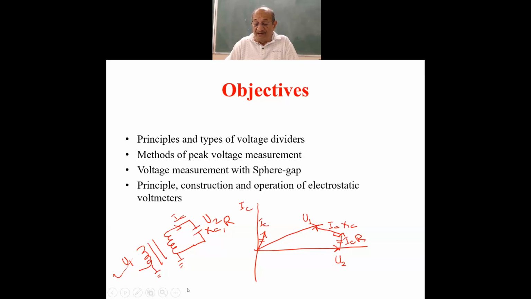And if you had calibrated U1 with respect to U2 with the help of turns ratio, what you would read at U1 would be smaller than the actual voltage being applied on the capacitor. What do you call it? Ferranti effect.